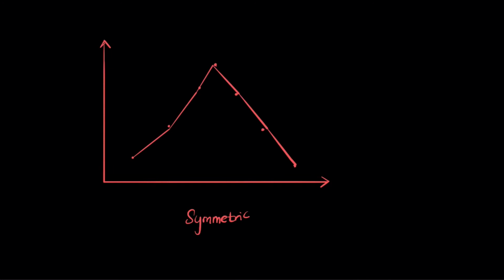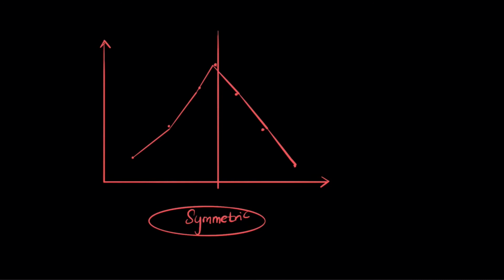If you cut the actual graph exactly in half, you notice that the left half and the right half are mirror images of each other. So this distribution is a symmetric distribution.